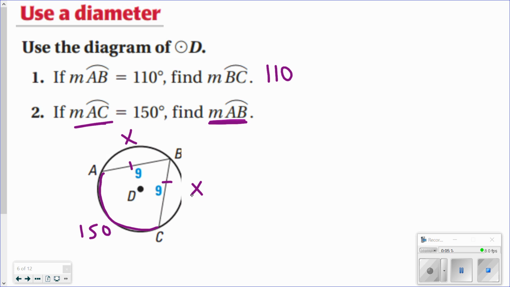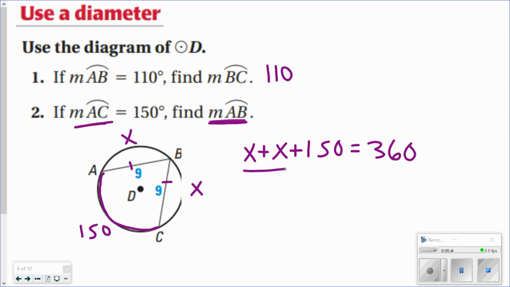Now we have a circle. What is the measure of a circle? Well, we know it's 360 degrees, which means if I add up all of the arc measures, they equal 360 degrees. So let's write that out. X plus X plus 150 is equal to 360.